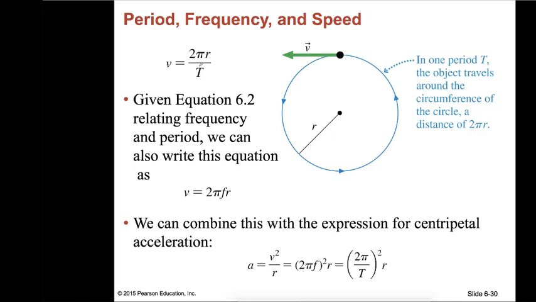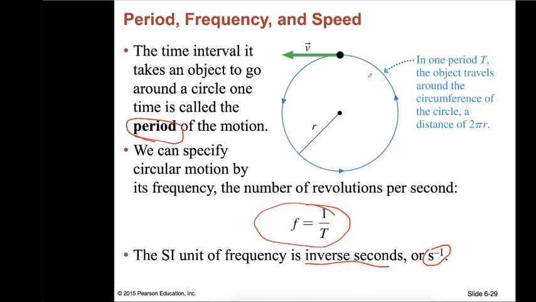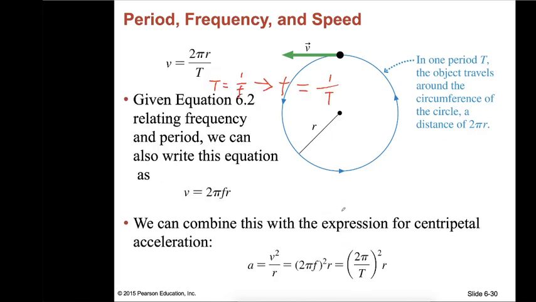And remember that T equals 1 over f, because f equals 1 over T. That's the equation we learned here. So 2 pi r over T can also be written in this format: v equals 2 pi r times f, or v equals 2 pi r over T.